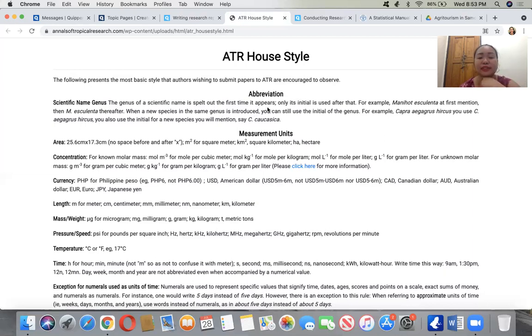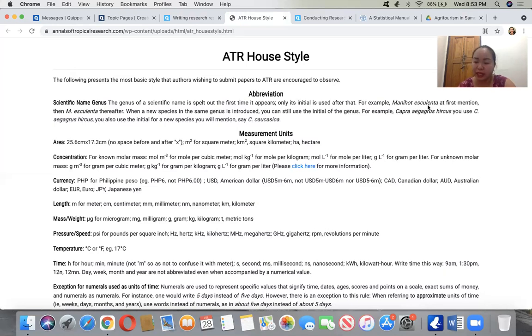For example, Manihot esculenta in the first mention, it should be mentioned in the title.